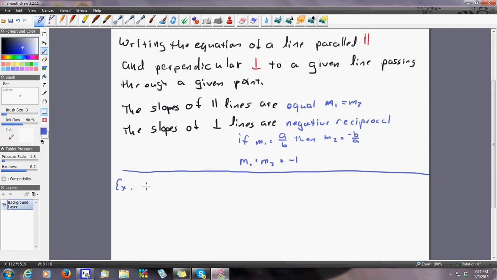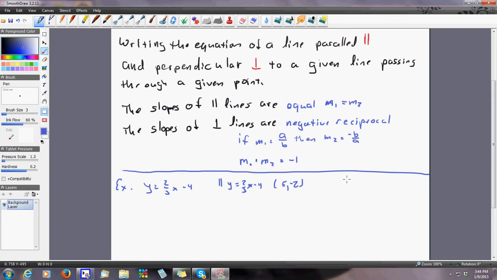Let's say I have this line, y equals 2/3 x minus 4. I want to write a line parallel to y equals 2/3 x minus 4 that passes through the point 5, negative 2.